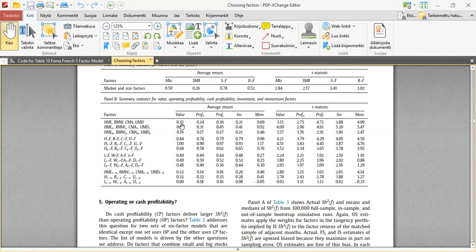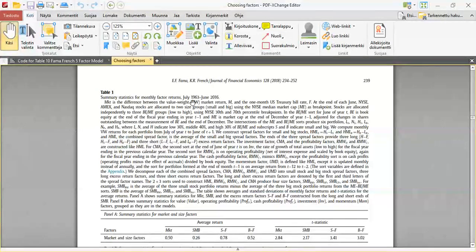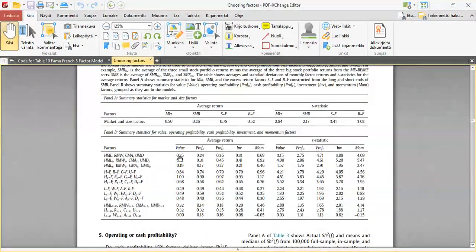The value factor generates over the sample period, from July 1936 until June 2016, an average payoff of 35 basis points per month with a t statistic of 3.15, indicating significance on any level, because 3.15 is much larger than the critical value of 1.96.